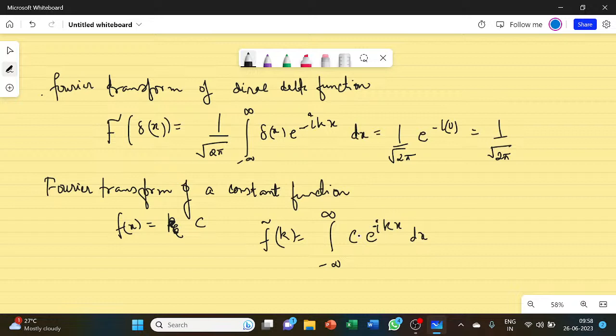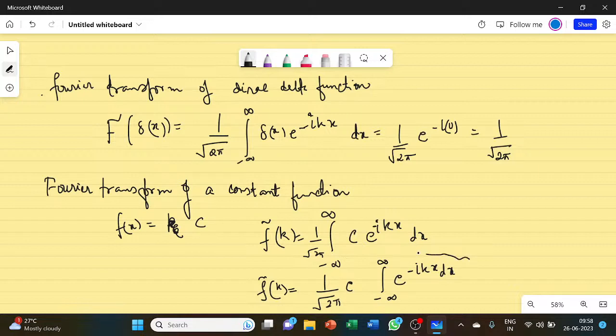This is how you write the Fourier transform. And 1 upon root 2 pi would also follow. So the Fourier transform would be 1 upon root 2 pi, and there would be a c as well, and then you have the integral from minus infinity to plus infinity of e raised to power minus iota kx.